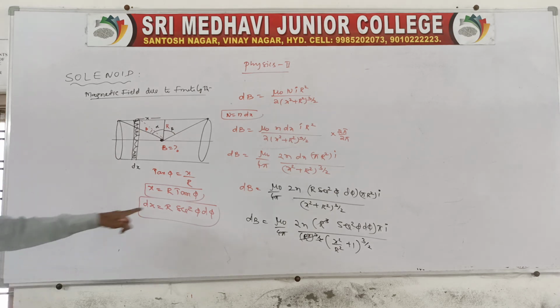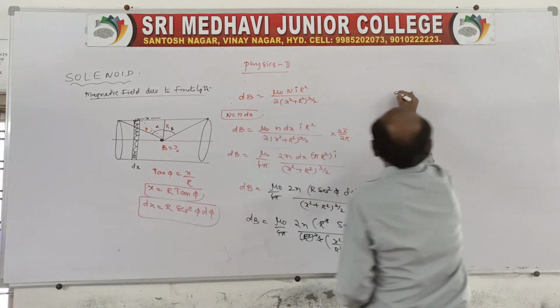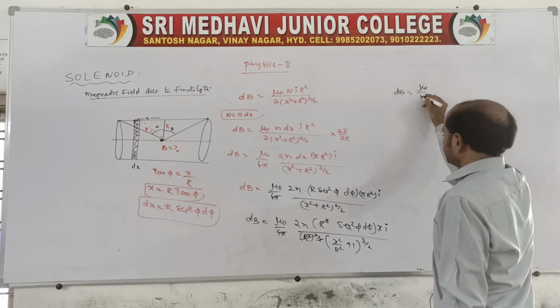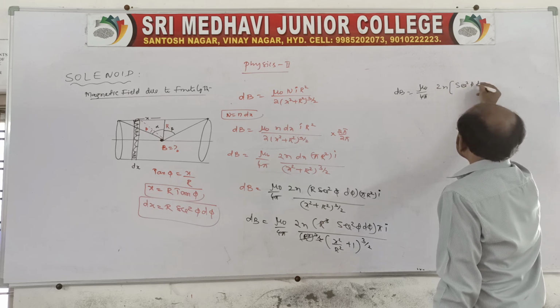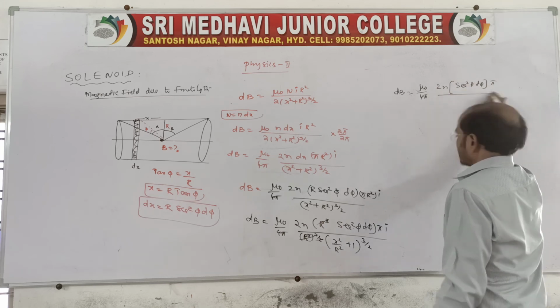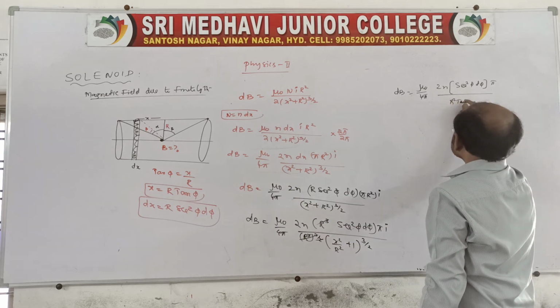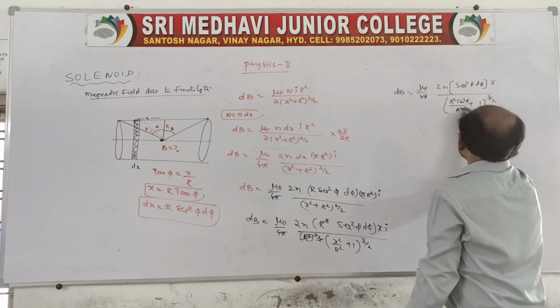What is x now? R tan phi, you write here. Look at dB, almost we are at the end: mu naught by 4 pi into 2n into secant square phi d phi into I by, instead of x you write R square tan square phi by R square plus 1 whole power 3 by 2. Better you cancel this.